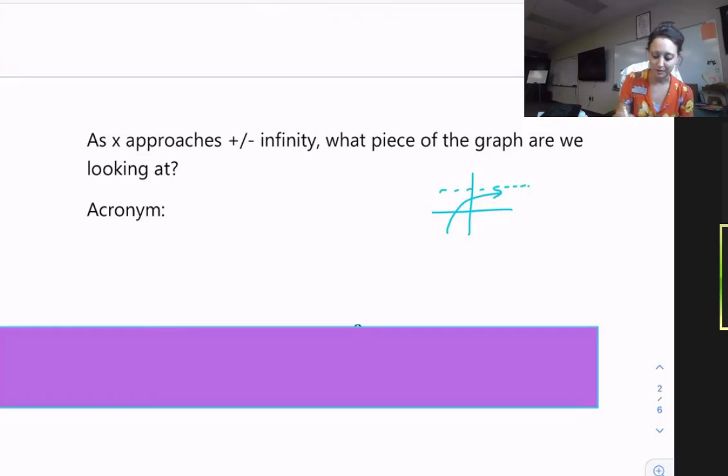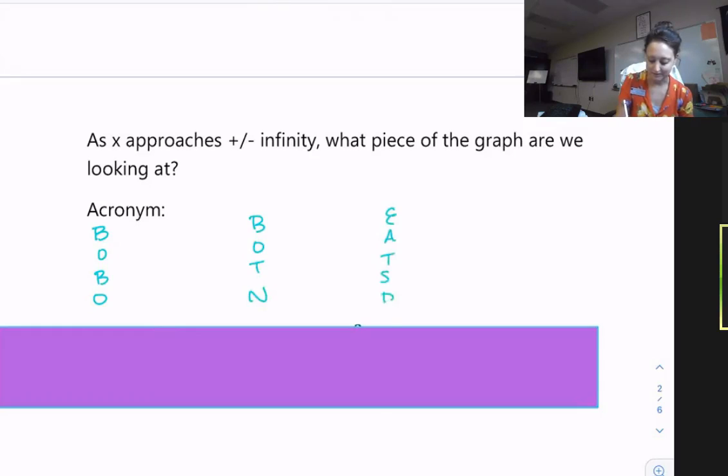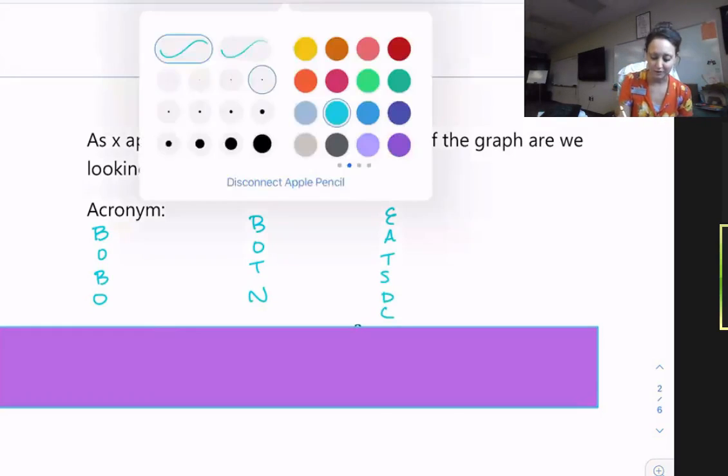If you remember, there is an acronym, and the acronym we use is BOBO BOTN EATS DC. So if you're not familiar with it, go ahead and write it with me now. BOBO, BOTN, EATS DC. Hopefully this looks familiar from Algebra 2 and or Pre-Calc.